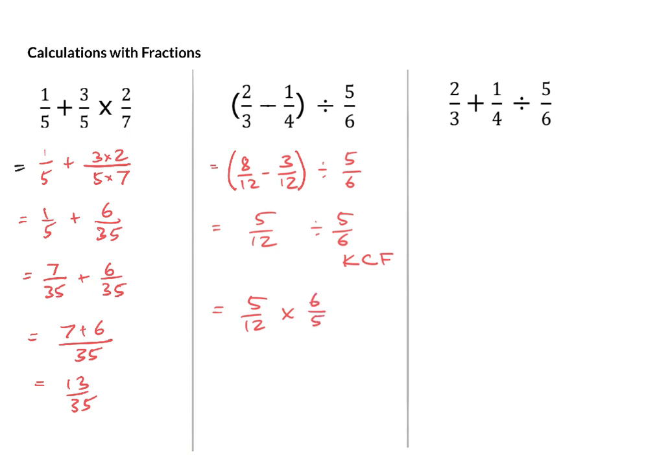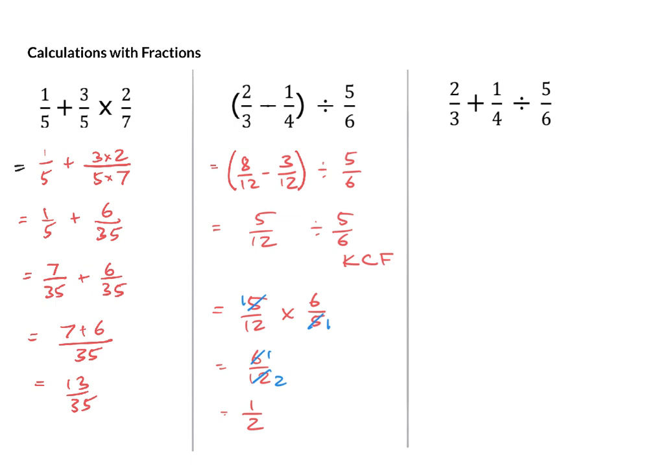Now, looking at this, I can immediately see that the 5 here and the 5 here will cancel each other out. So that gives me 6 over 12. And 6 over 12, well, 6 goes into 6 once and 6 goes into 12 twice. So my final answer will be 1 over 2, or 1/2.